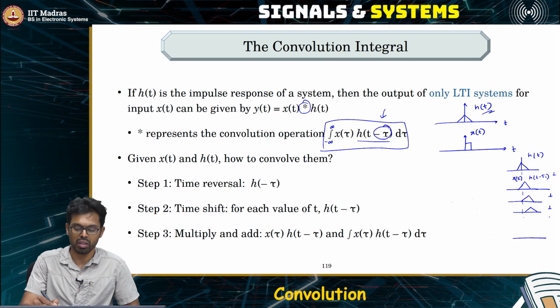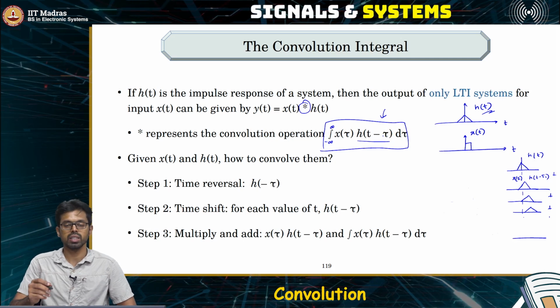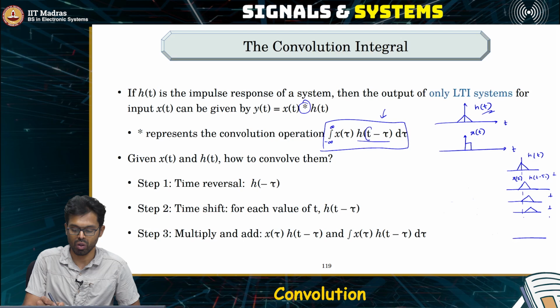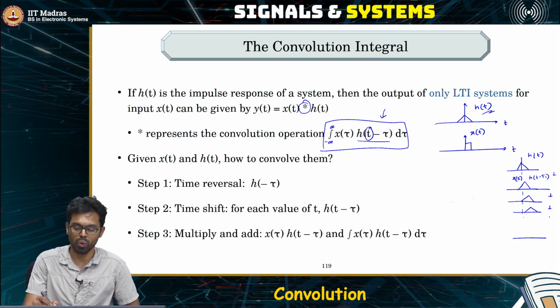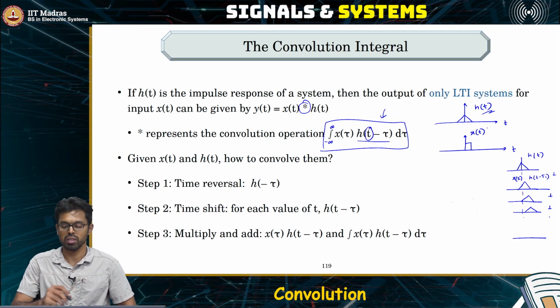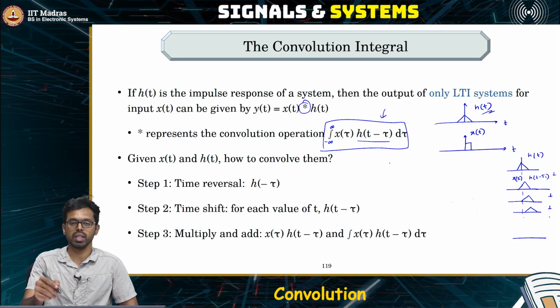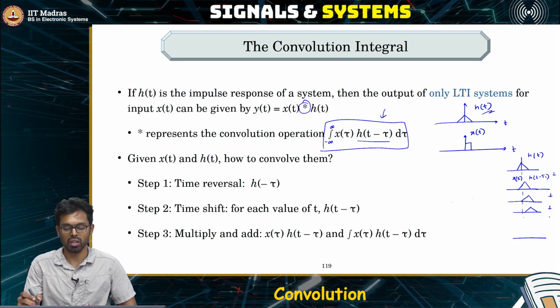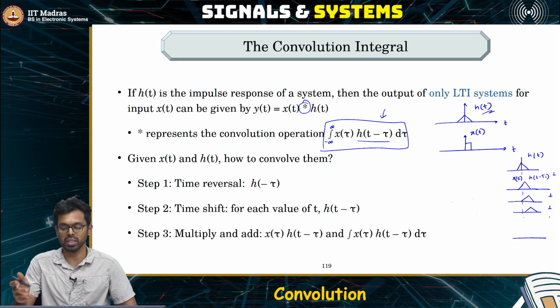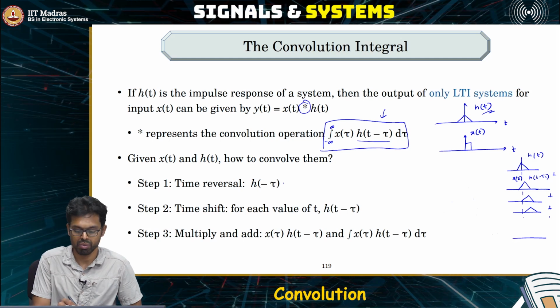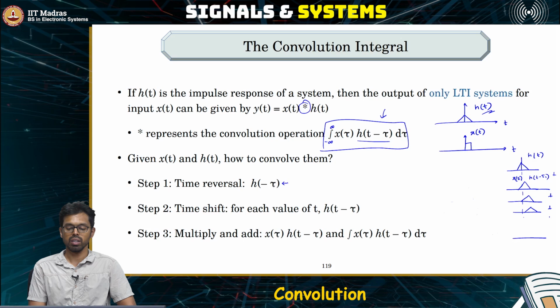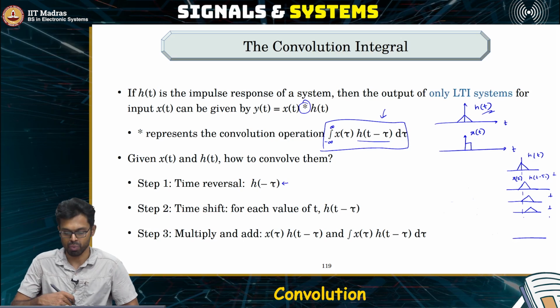Remember here the variable of integration is tau. So t is a constant inside this integral, and tau is what varies from minus infinity to infinity. So in this case, the minus of tau represents time reversal. So you have to time reverse the signal to compute h of minus tau.